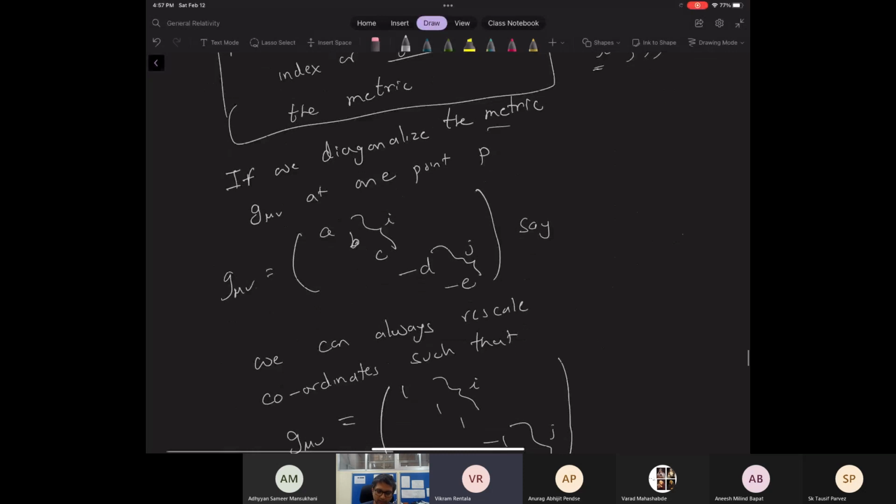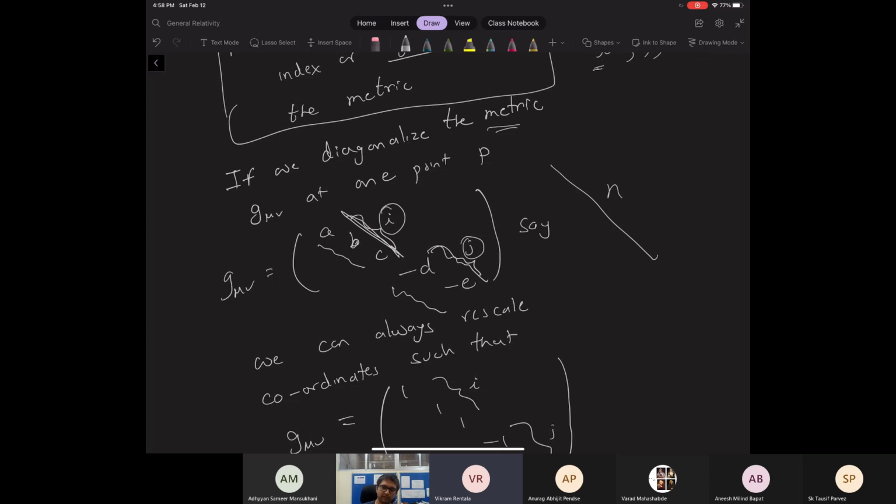So in general, when you diagonalize the metric at one point P, you will get a diagonal matrix. Some of the eigenvalues will be positive, some will be negative. You count the number of positive eigenvalues, that is i. You count the number of negative eigenvalues, that is j. And the total number of eigenvalues is n, because this is an n by n matrix. Now, it is always possible to rescale your coordinates.